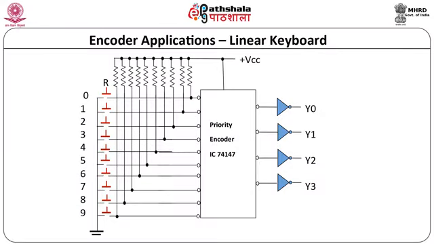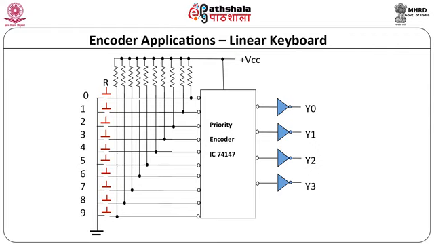For electronic calculators, there are 10 switches for decimal numbers 0 to 9 and some function keys. When a digit is pressed, the internal circuit understands which key is pressed and the keyboard encoder will give a code corresponding to the key pressed. This diagram indicates linear interconnection of 10 keys for encoding purposes.